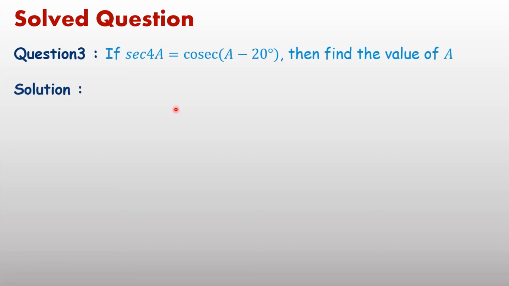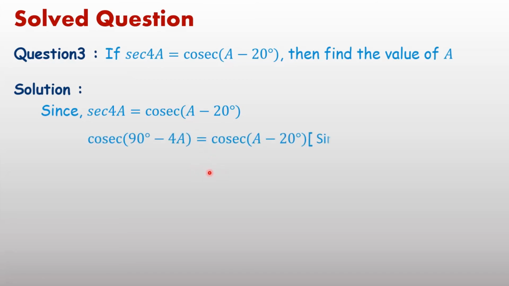Here in this question, sec 4A equals cosec(A minus 20 degrees). Find the value of A. Using the formula sec theta equals cosec(90 minus theta), in place of theta we write 4A, so sec 4A can be written as cosec(90 minus 4A).